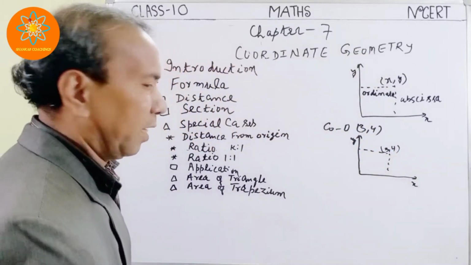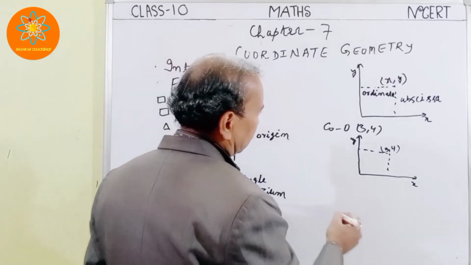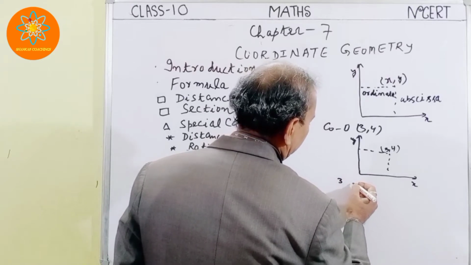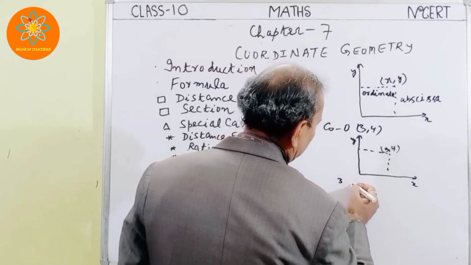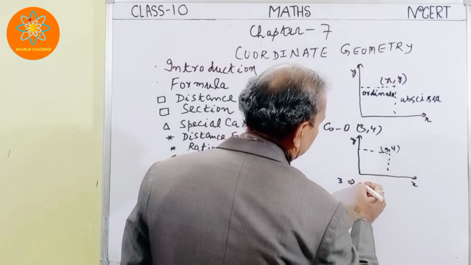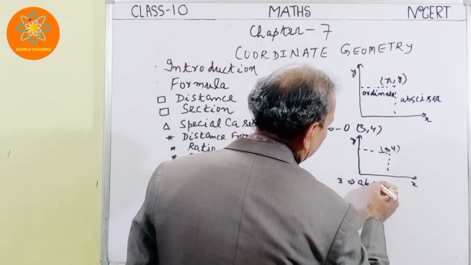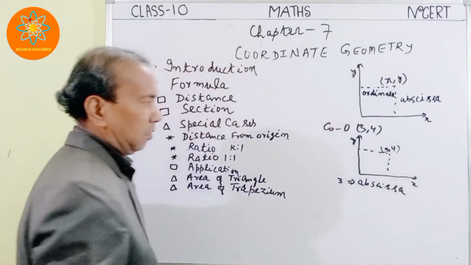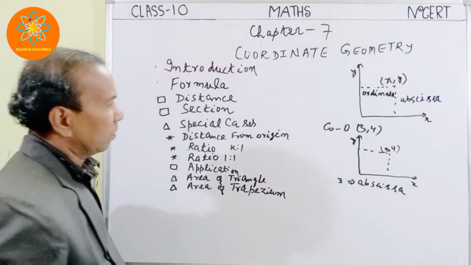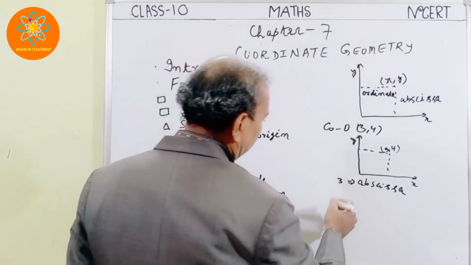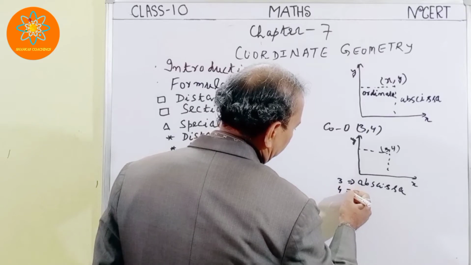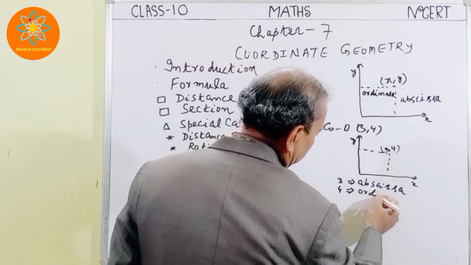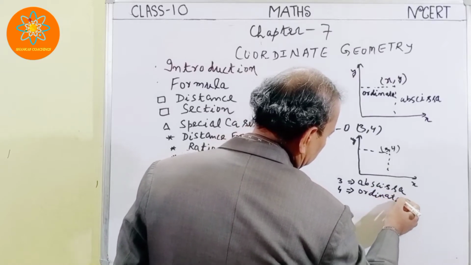So I can say that this 3 is the abscissa. And what about the 4? 4 is the ordinate.